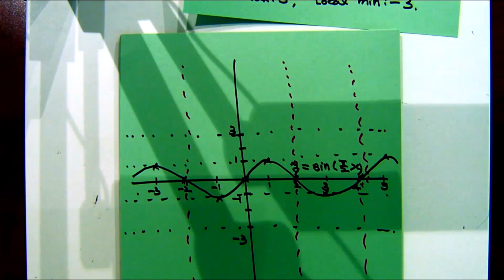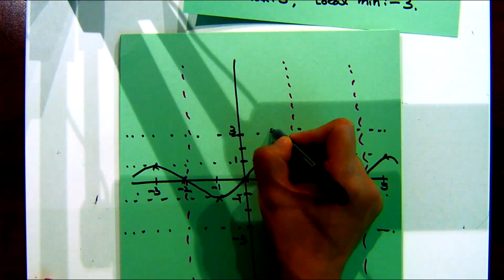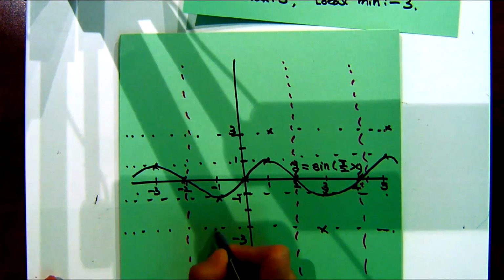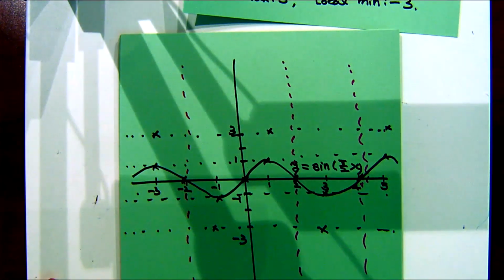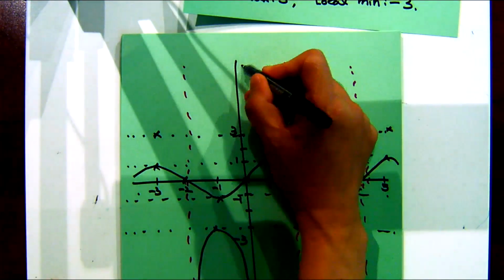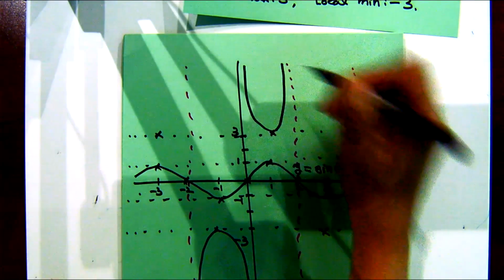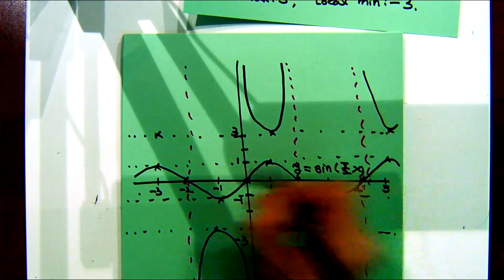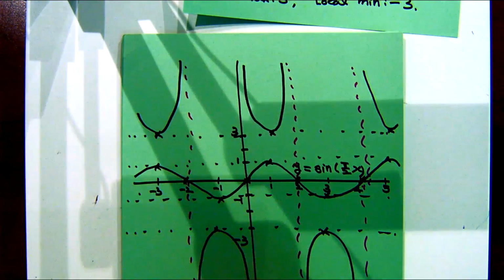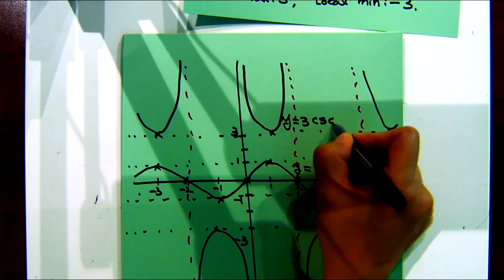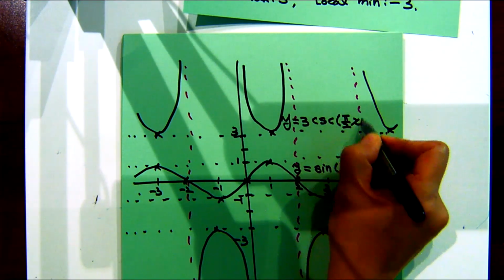So 3 times 1 over sine. So we will have here and here and here, here like this. And then all you have to do is flipping, right? Like this. So that is y equals 3 times cosecant of pi over 2x.